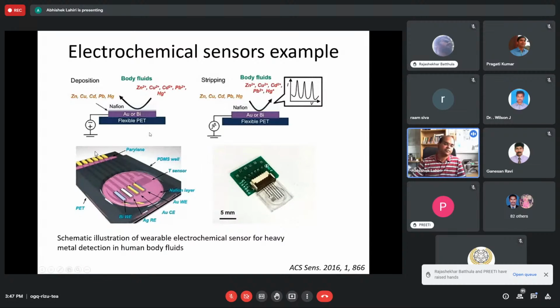And if I have again a calibration of all the different ions, then I can estimate the concentration of these different ions at different potentials. So this electrochemical sensor becomes just one sensor which can be used to immediately find out the concentration of different ions.